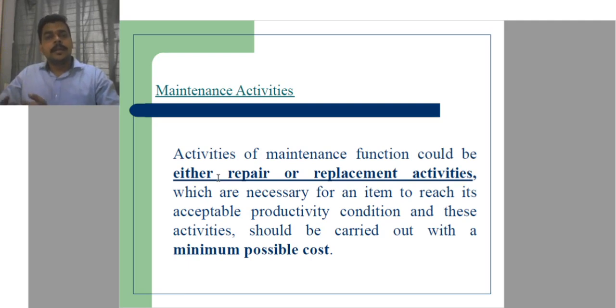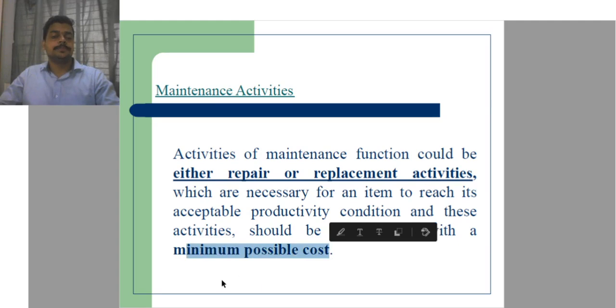If there is a replacement of any electrical component inside the motor, these persons do that repair work and replacement work, which are necessary for an item to reach its acceptable productivity condition, and these activities should be carried out with a minimum possible cost.